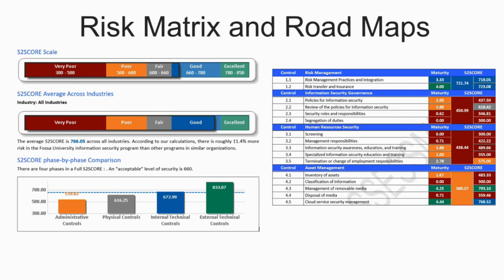This is obviously a hypothetical, but maybe you rank in the good part. However, across the industry, based on what your industry is, you fall below what the average would be, and there would be scores directly related to this that show you exactly what it would be.